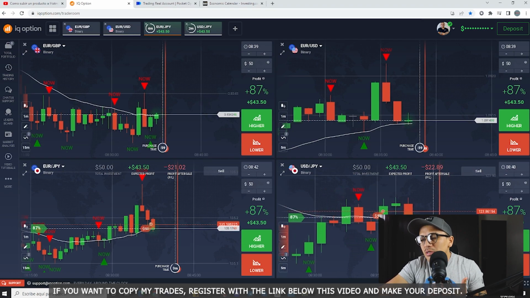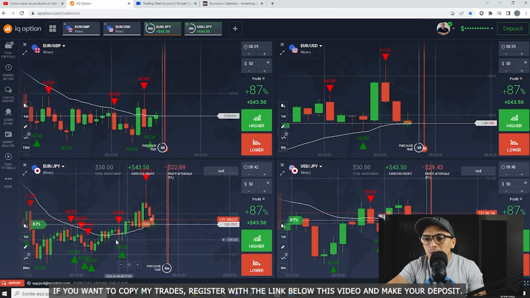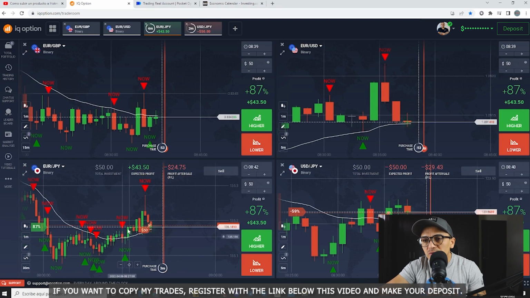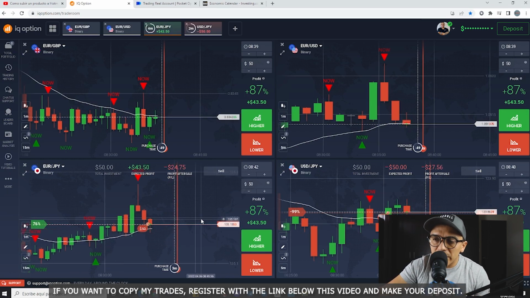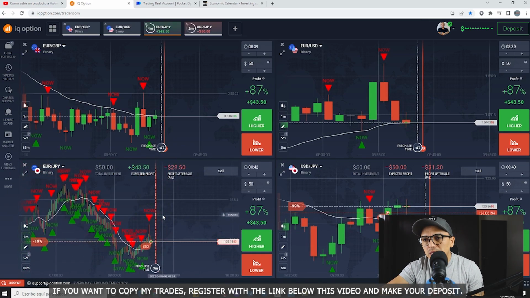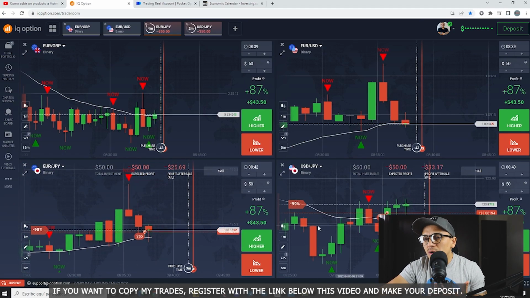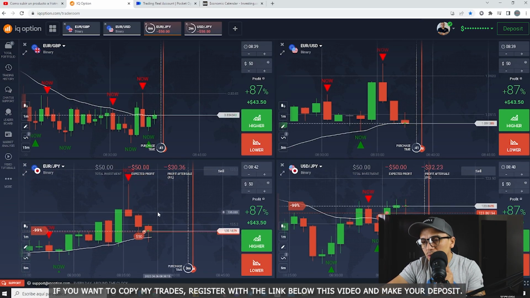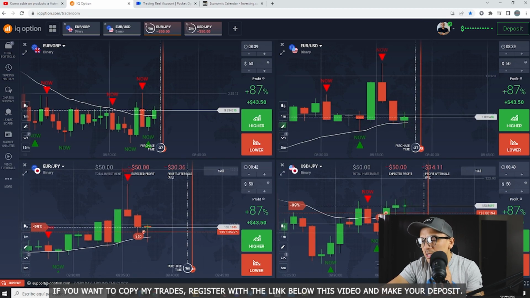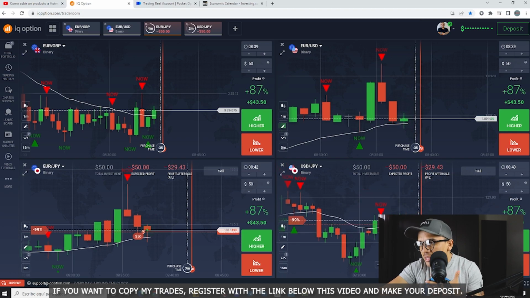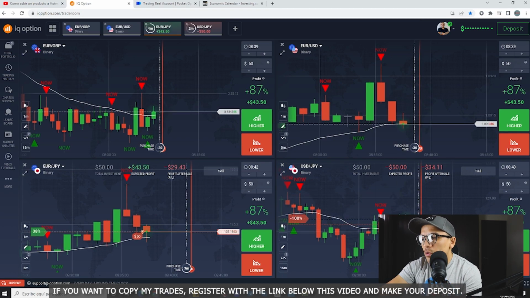The indicator is created to send me signals when the market has a little reverse and I need to follow the trend. In this case, I have a downtrend. So for EUR/JPY, I take the trade for a put, but I need to notice it's crossing my moving average, period 10, 20 exponential moving average. And the same case with USD/JPY.